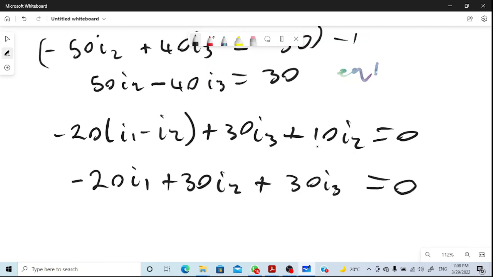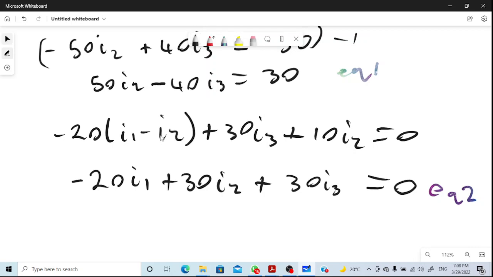I hope you guys are following, because positive 10, negative 20 times negative 1 will be positive 20. They will add up to 30. This one just didn't change. Okay, so this will be my equation 2.